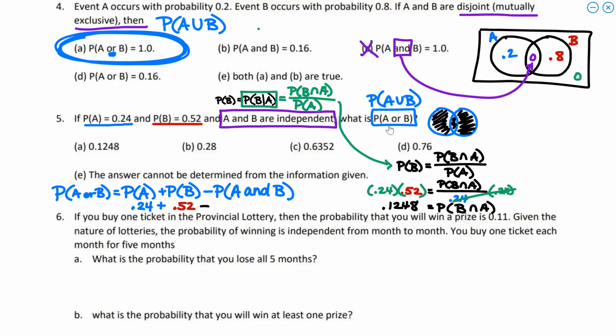If we didn't have that information, I couldn't go any further in this problem. I wouldn't have enough to go off of. So I'm going to subtract out that 0.1248. What does that give me? 0.6352. This guy right here.